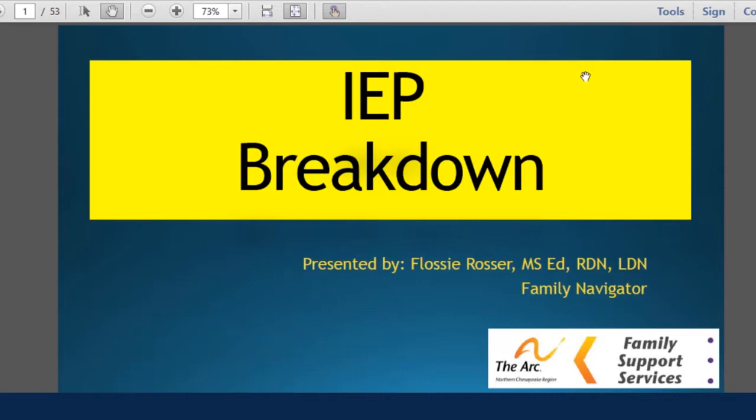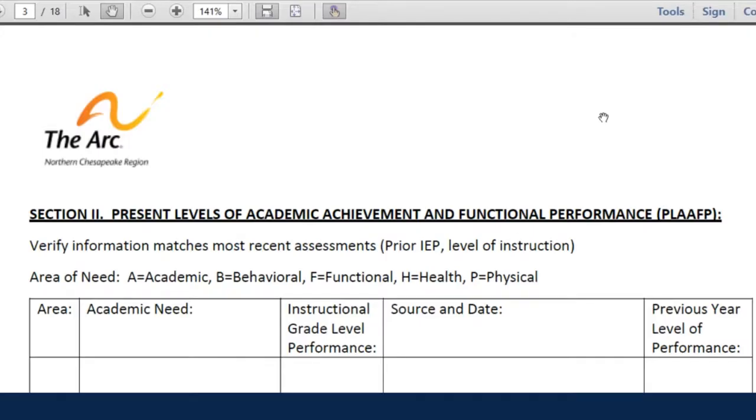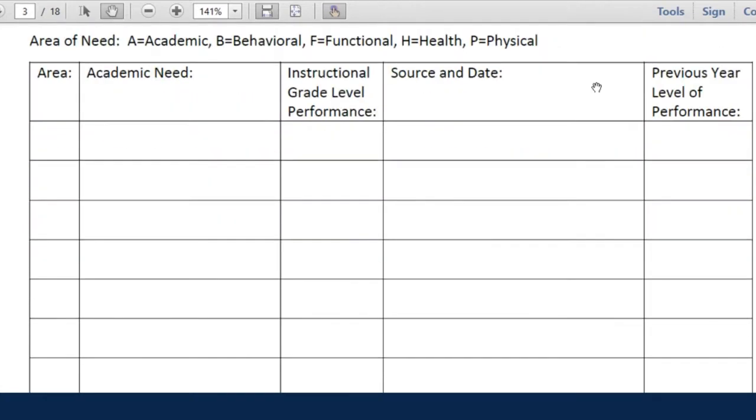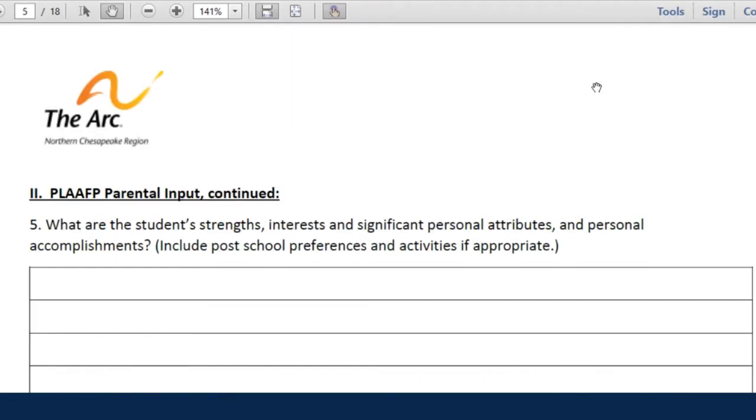So for today's class, I want to make sure that everyone has all the materials you need on hand. So I'm going to flip through and just briefly show every tool that we're going to use. And we will start with our IEP Breakdown tool.